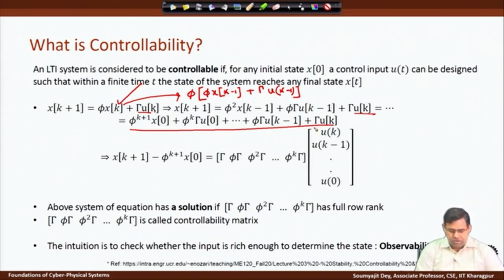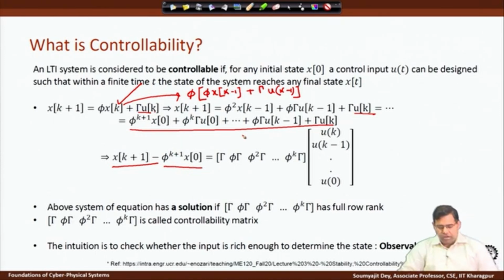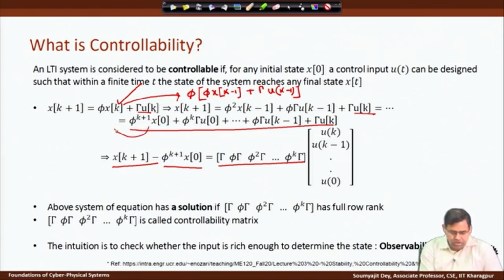So, what you can do is, let us bring this x term to the right hand side. So, you have x k plus 1 minus phi to the power k plus 1 x naught equal to, now the rest of the expression that you have, you can just write it as a dot product of this vector which is comprising only the phi and gamma terms, right, because this is gone to this side.